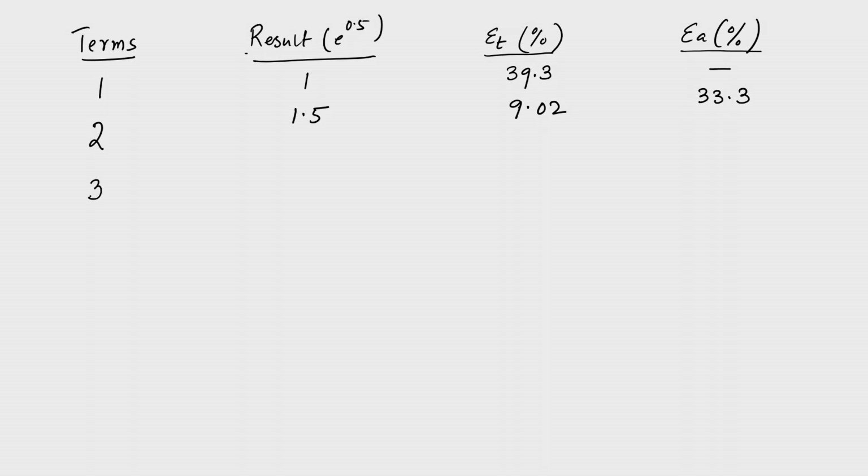In the third iteration, when you also include x square by 2 factorial, which is the third term, one gets 1.625, which is what we have seen. We have not calculated the errors, but I suggest that you do it, and this comes down drastically to 7.69%.